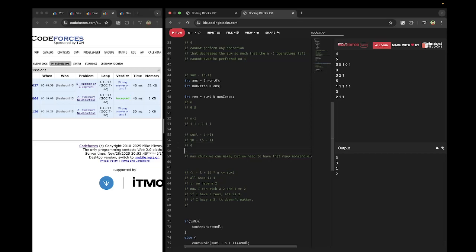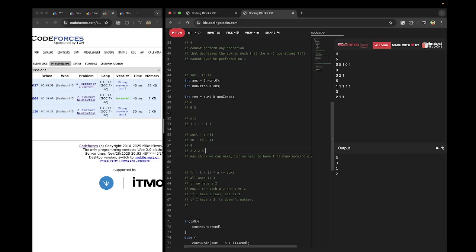So if I have like, I can take out, sum is not 10, right? To make the sum 10, 2 2 2 3 and 0, let's say.